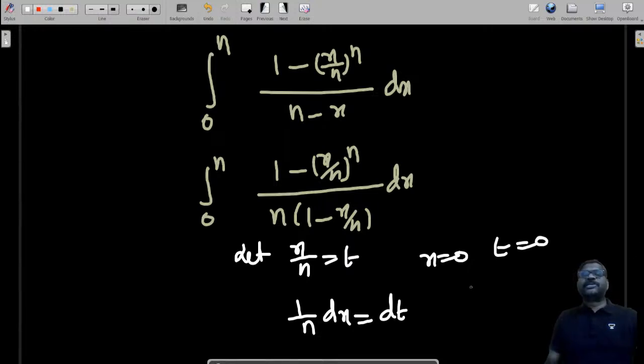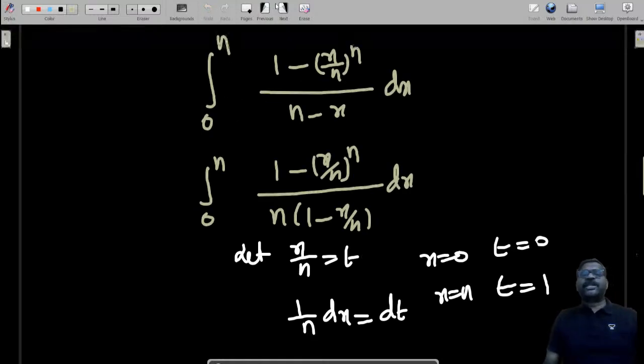When x is 0, t is 0. When x is n, t is 1. The integral becomes the integral from 0 to 1 of (1 - tⁿ)/(1 - t) dt.